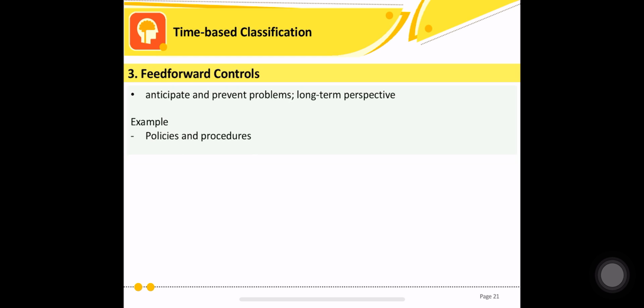And then lastly, we have feed-forward control. What do we mean by feed-forward control? If feedback is when it has already happened, feed-forward is when you already have an action before the risk happens. That is why the example here is policies and procedures. And it is a long-term perspective, right?